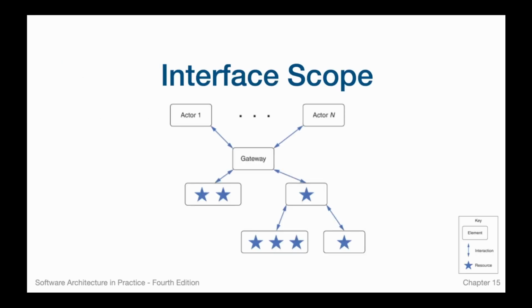Interface scope. So the scope of an interface defines the collection of resources that are directly available to the actors. You, as the interface designer, you're the software architect, so you're thinking about all of this. You might want to reveal all of the resources, or you might want to constrain access to certain resources or to certain actors.